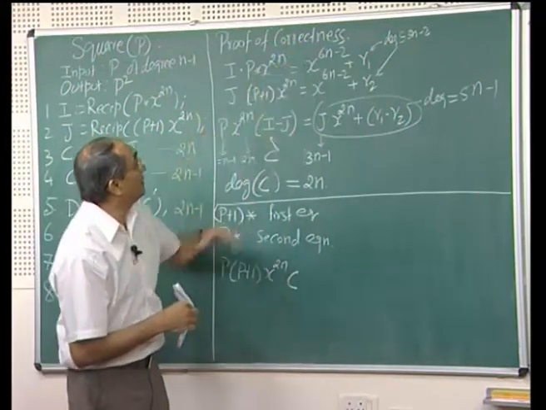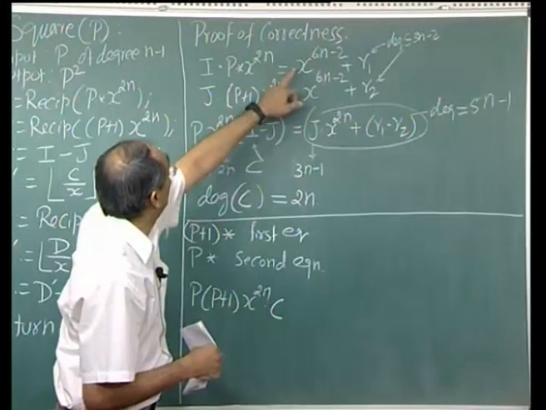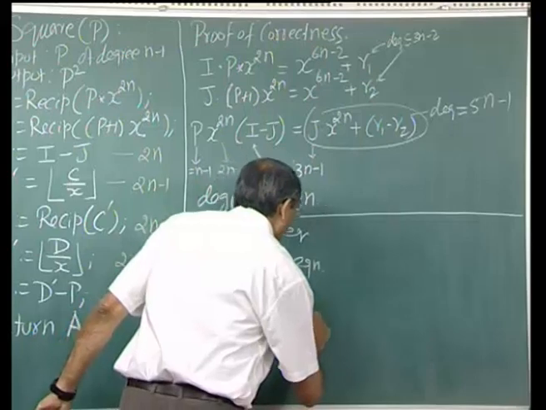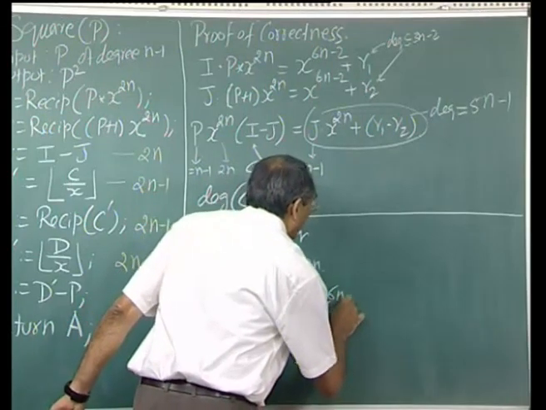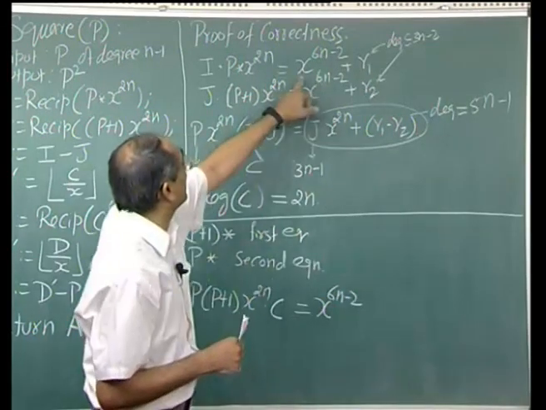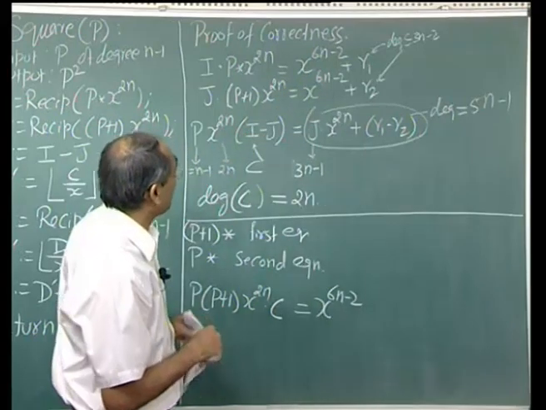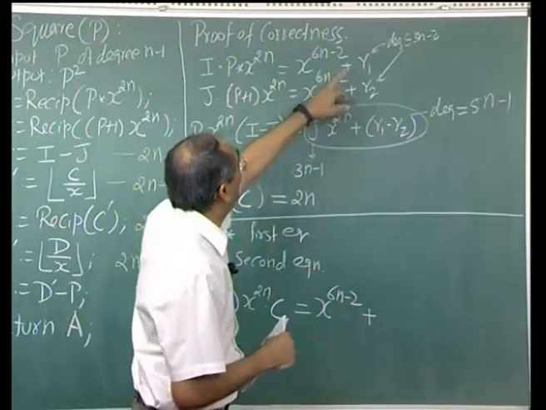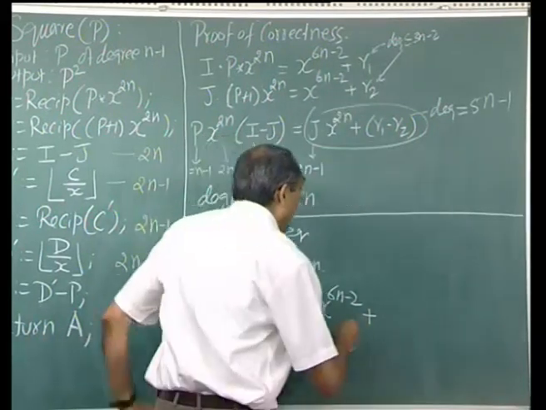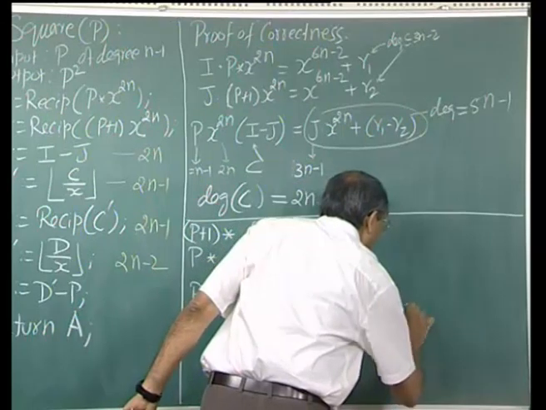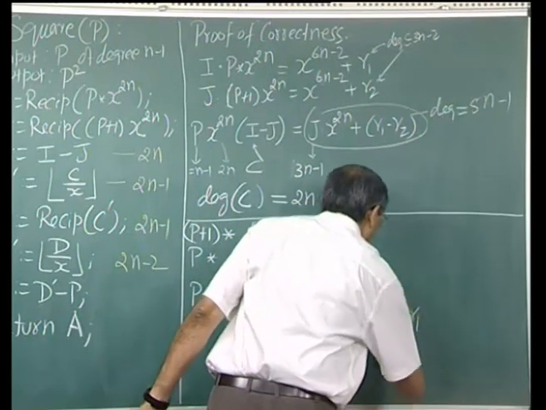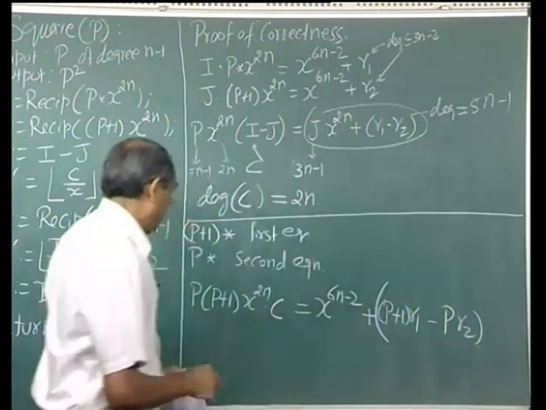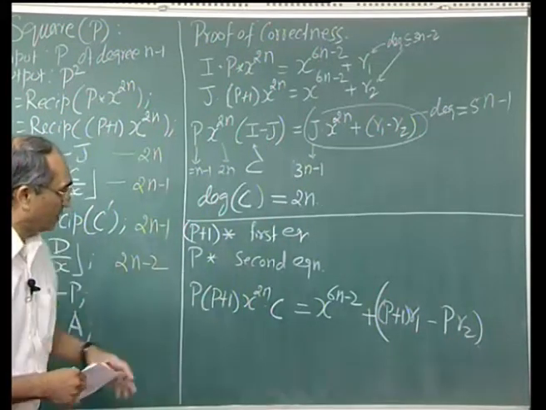On this side, if I have p plus 1 and p, so I am left with x to the power 6n minus 2, that p plus 1. So, that 1 gives you this, and plus p plus 1 times r1 minus p times r2. So, we have this equation.